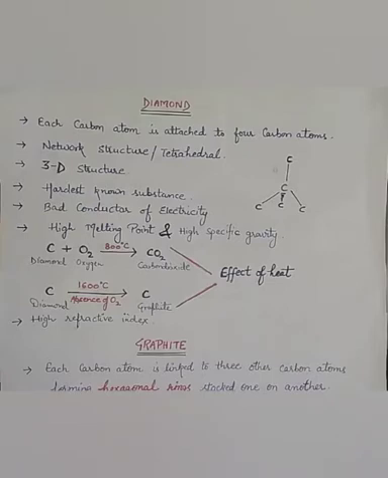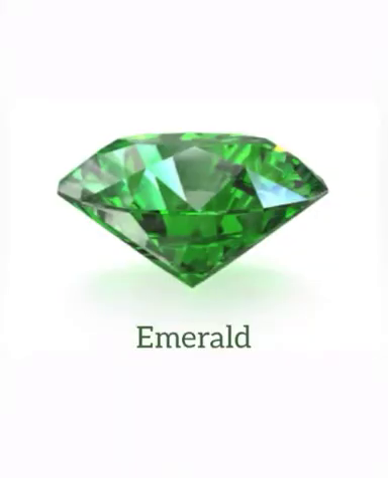One more important thing is that you have all seen diamonds available in different colors. Why is this so? It depends upon the impurity present in them. This impurity is actually in the form of metallic oxide. For example, emerald has a green color.